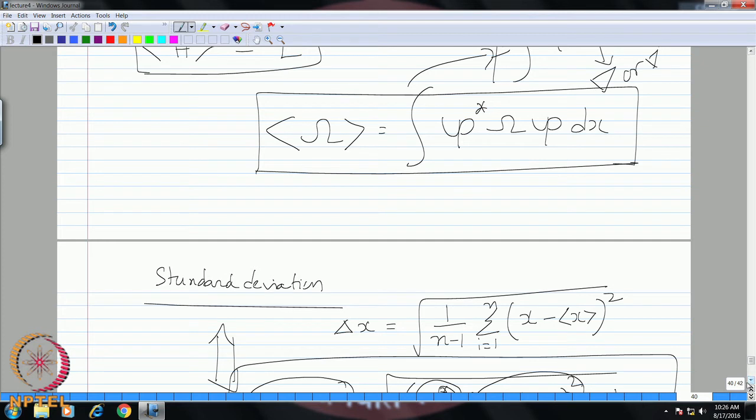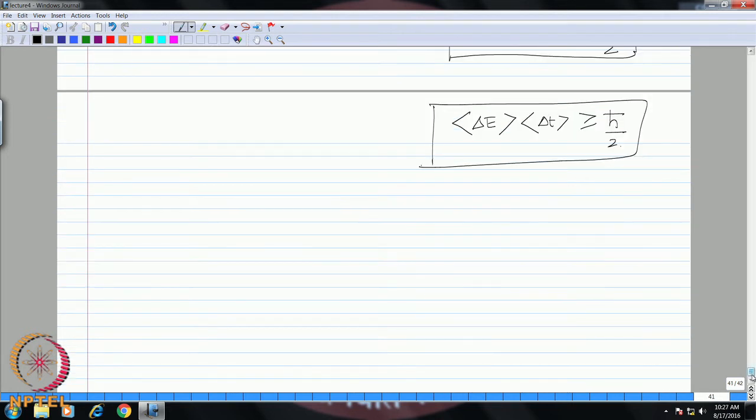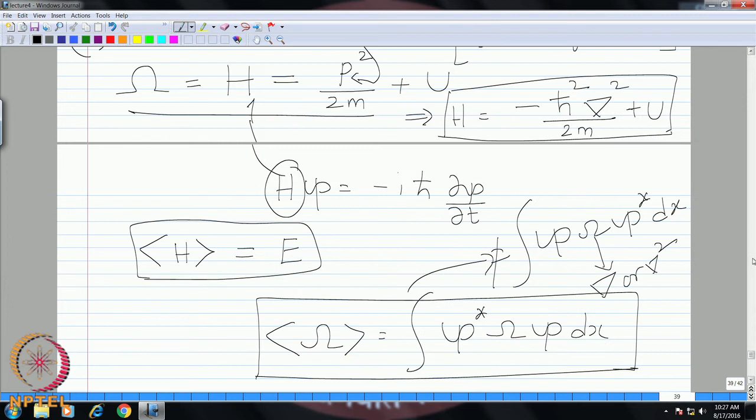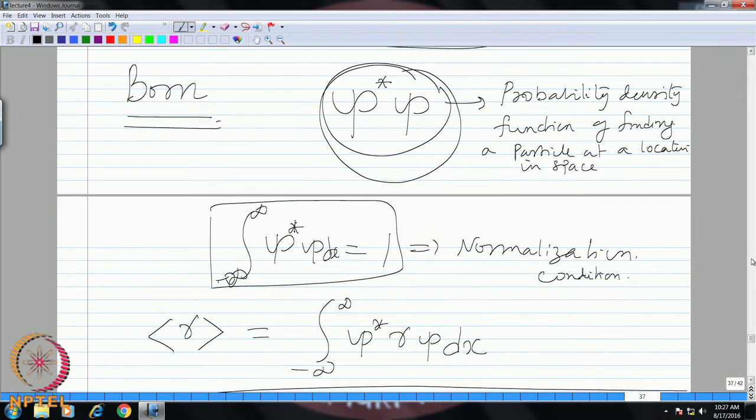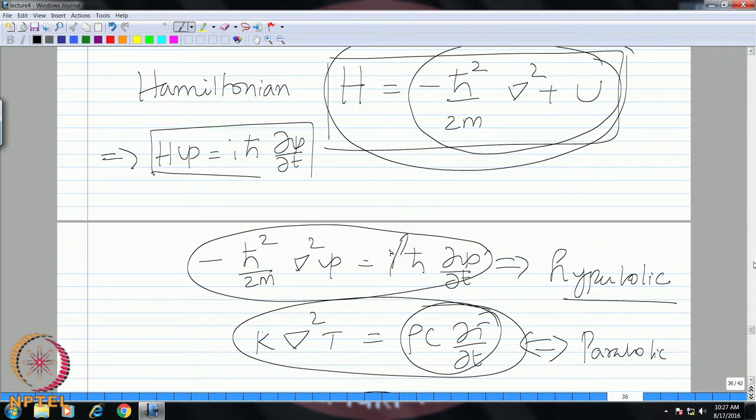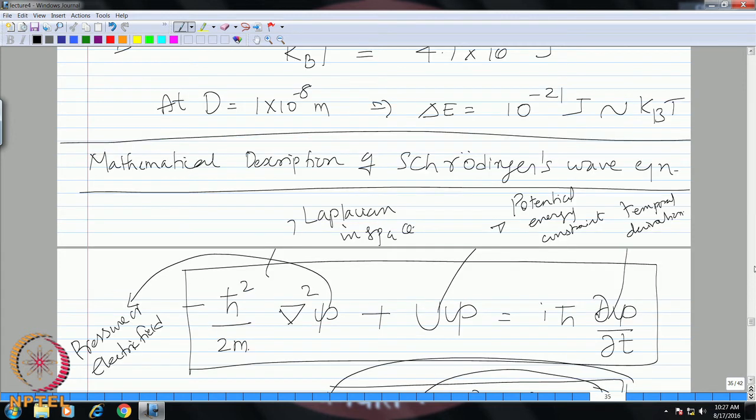Only if you know the wave function can we substitute and calculate all these expected values. So, how do we solve the Schrodinger's wave equation? If you see the nature of this, this is a wave equation, and not only that, it is a partial differential equation, and if you look at the entire equation like this.